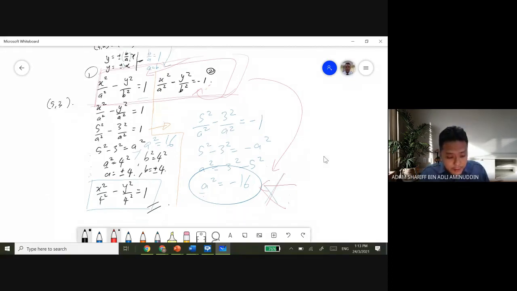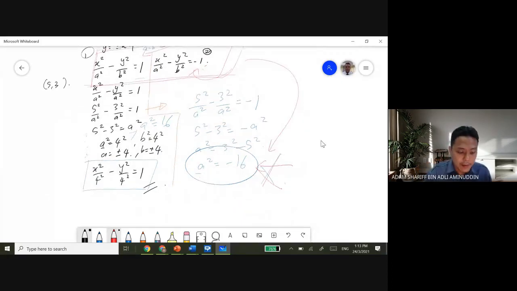And kalau kamu plot pun, yang di belah kiri ni x squared over 4 squared minus y equals to positive 1 ni memang akan melalui 5/3. Itu jawapan by validation by lukisan lah.